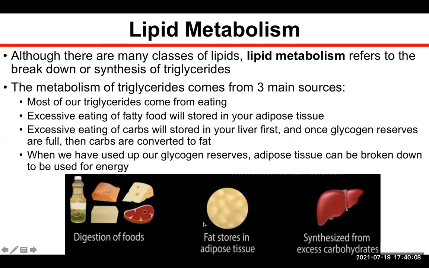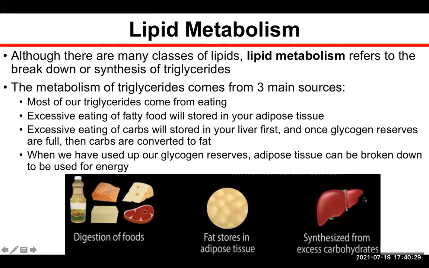The other main source used for metabolism is our liver. What ends up happening is, and I mentioned this in the carbohydrate lecture, when we intake carbohydrates, any excessive carbohydrate you're going to end up storing as glycogen as your reserve.